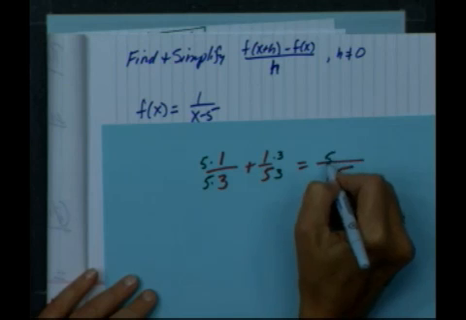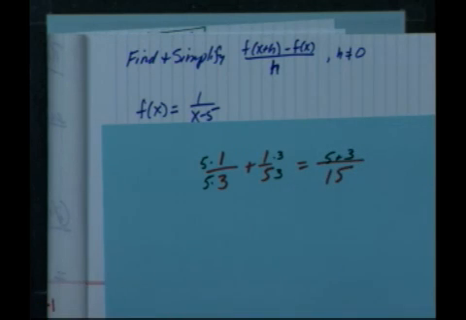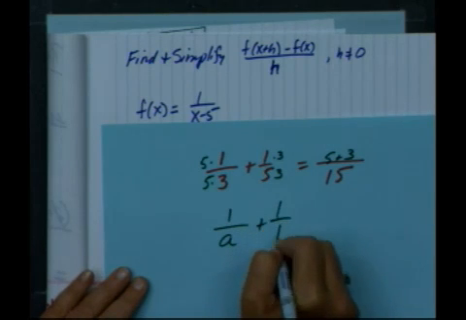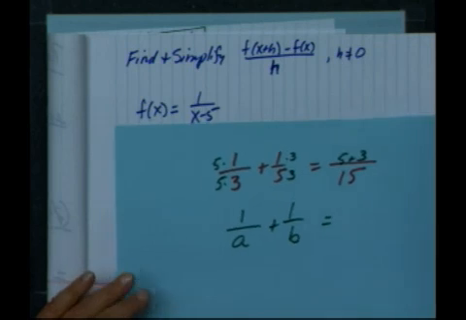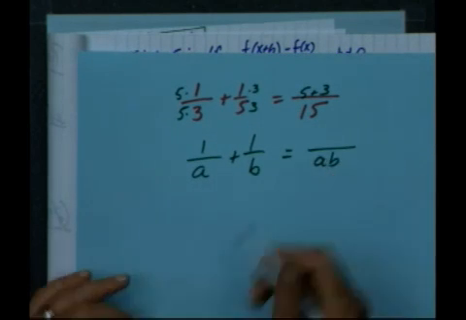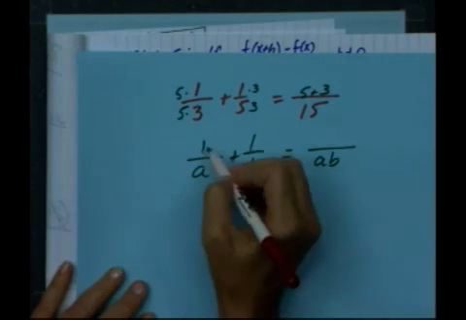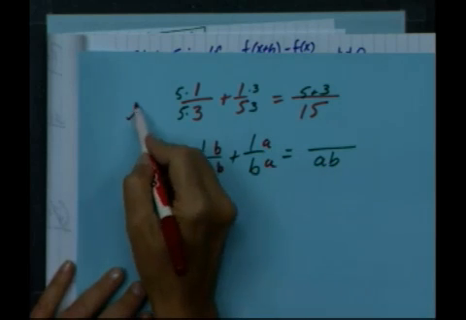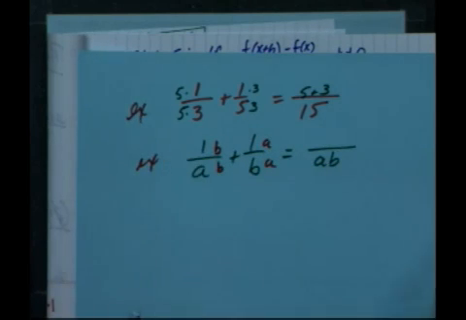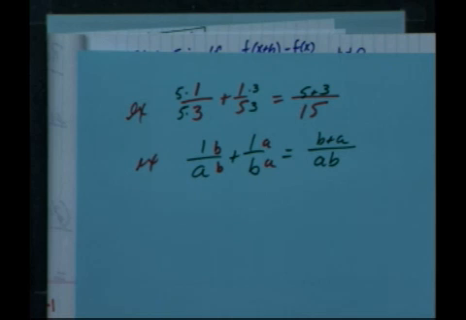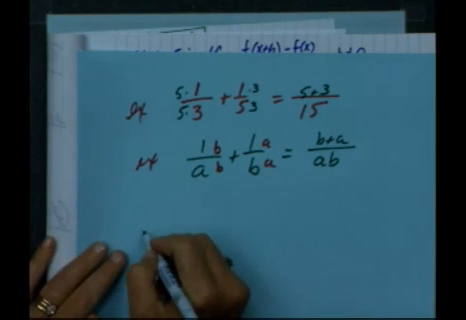And then you got 5 plus 3 over 15. Okay, so suppose you have 1 over a plus 1 over b. What's your common denominator? ab. Because you had to multiply this one by b over b and this one by a over a, right? So your answer is b plus a over ab. Is that good?